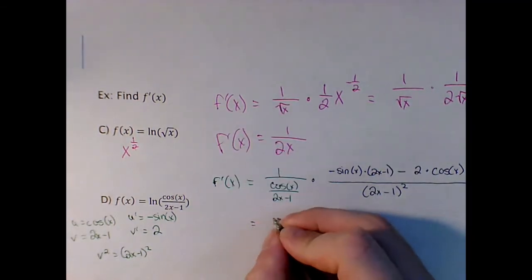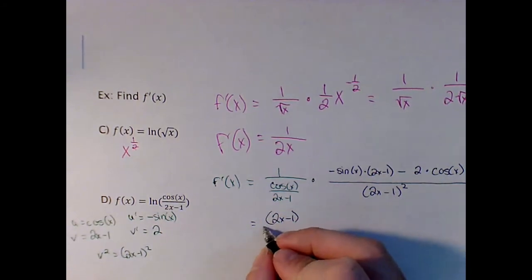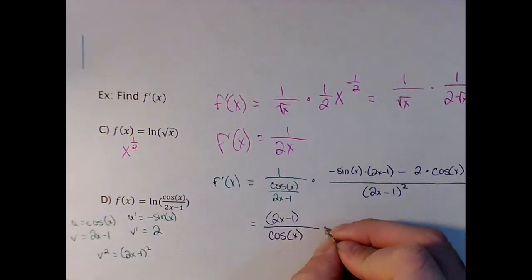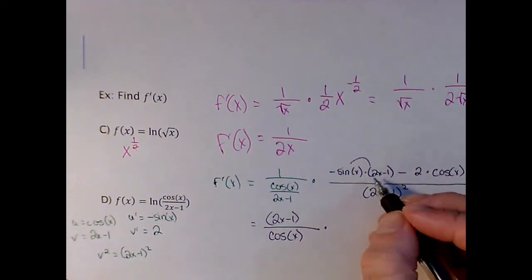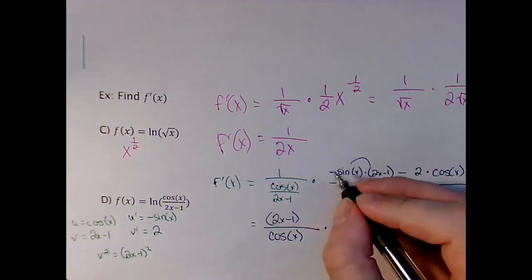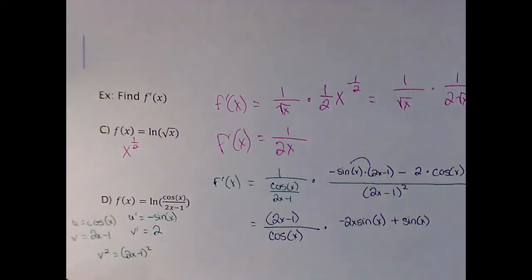So this becomes 2x minus 1, and I'm going to throw that in parentheses, over cos x times, let's distribute that. 2x times negative sine x is negative 2x sine x, minus negative, so plus sine x, minus 2 cos x.